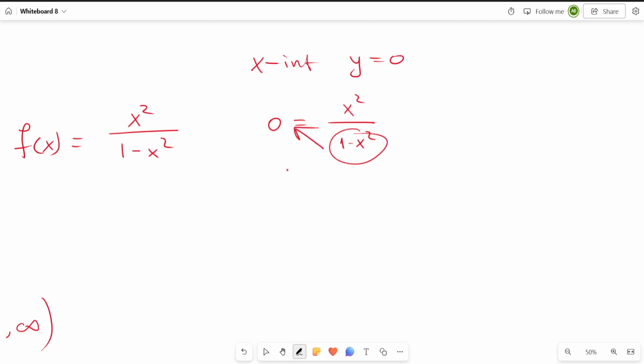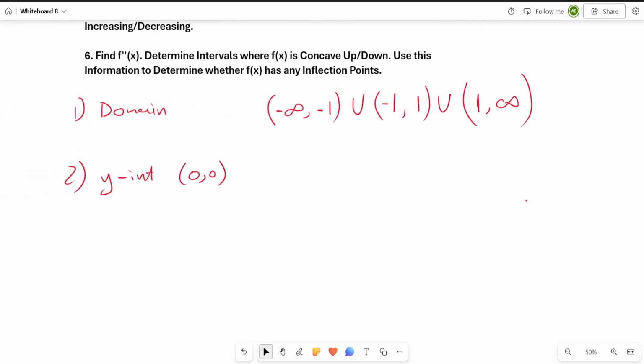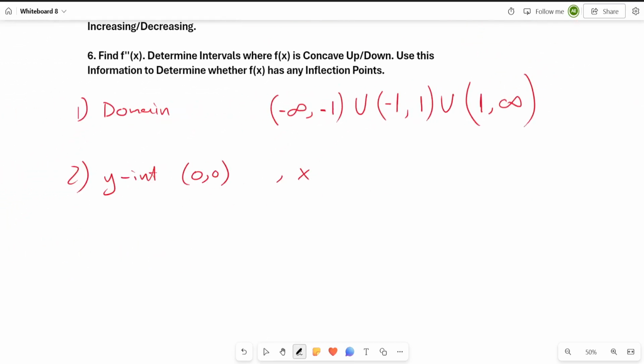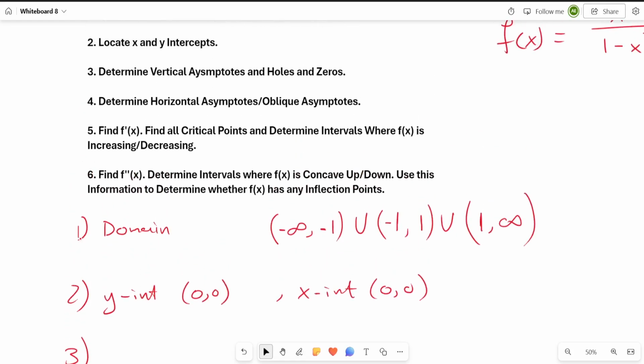And then this is going to give me 0 equals x squared, square root of that, so x equals 0. Again, my x-intercept is also at the point 0, 0. Now I finished the second step. Let's see what the third step is.